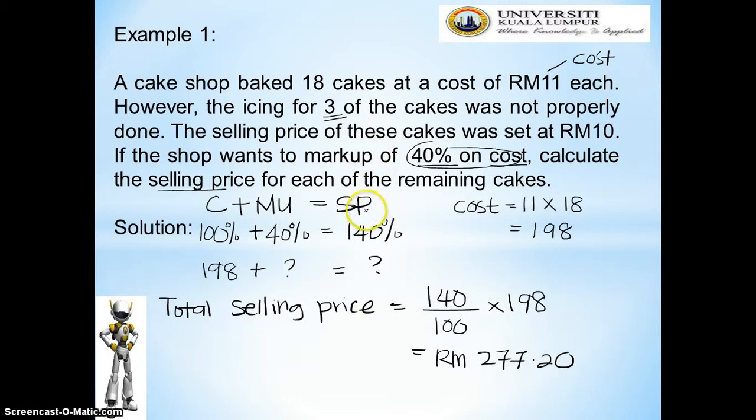But please remember we have improper icing cakes. Improper icing cakes, we have 3, right? Okay, 3 cakes. So what we have to do is find the total selling price for the improper cakes. SP stands for selling price for improper cake.